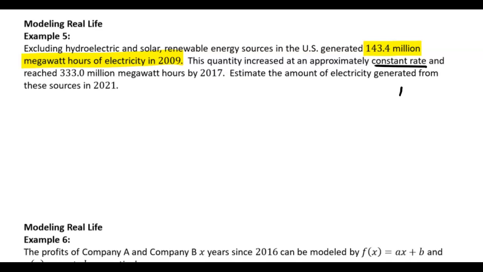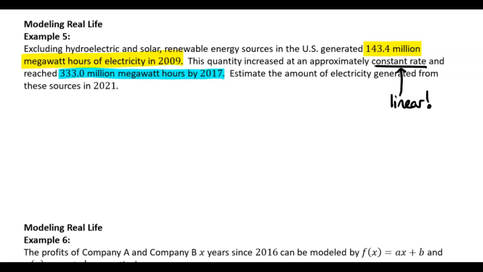So that tells us it is linear. And then it says it reached 333 million megawatt hours by 2017. So that 333 is how much electricity was produced in 2017. It says estimate the amount of electricity generated from these sources in 2021.